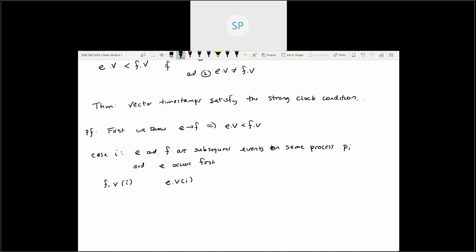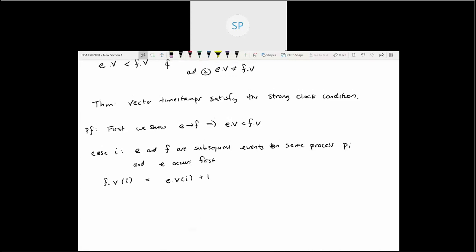Which one's larger? Right, F is larger than E. And in fact, because I made them one right after the other, it's just going to be +1, because that's the tick. Okay. So now I look at the ith component, and it's one larger, so we have our strictly larger on that, but we have to look at all the other components too.